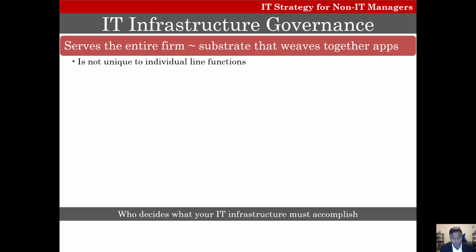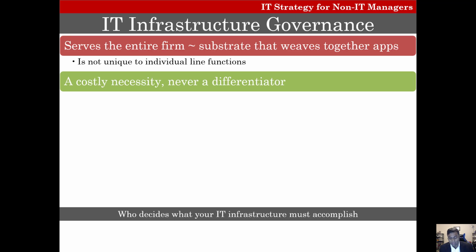This firm-wide backbone provides the scaffolding for all business applications used by various line functions, and it is a firm-wide technology substrate that weaves together IT infrastructure, so it does not really competitively differentiate among firms.